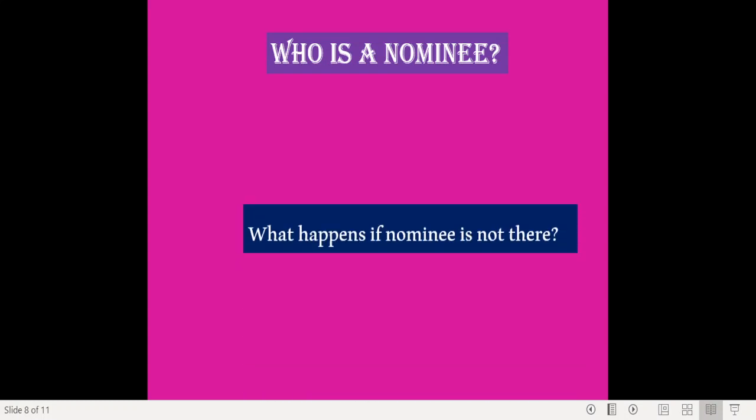So, what happens if nominee is not there? I'm just trying to tell you the idea behind that column in the proposal form, why he needs to be there. What happens if nominee is not there? The insurance company has the money, it has to pay but it doesn't know whom to pay.